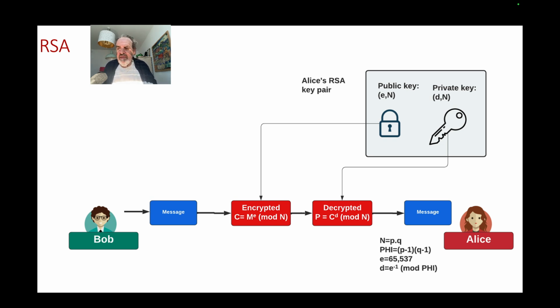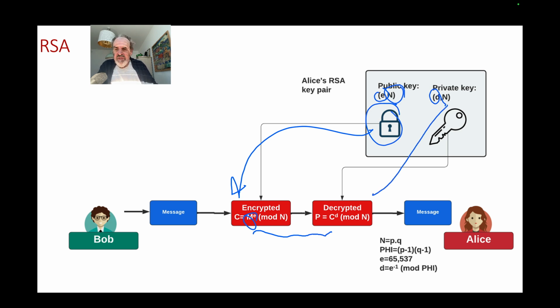So there's the basic methods that we use here. We take our public key, the E and the N. This is the public exponent and the modulus value, and apply that to the message. Then to decrypt, we take the decryption exponent, D, and the modulus, and then recover the message.